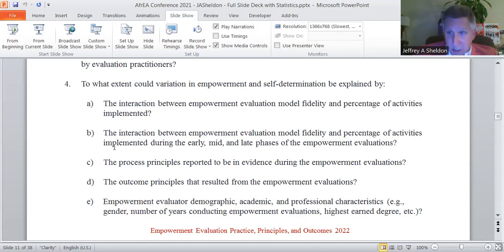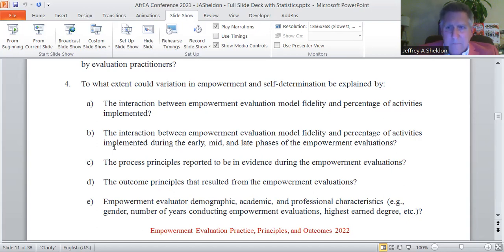And if you implement a good majority of the activities embedded in that model, then empowerment and self-determination should be a result, right? Stands to figure. The interaction between empowerment evaluation model fidelity and the percentage of activities implemented during the early, mid, and late phases of an empowerment evaluation.